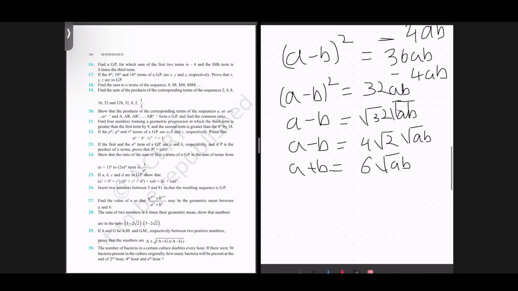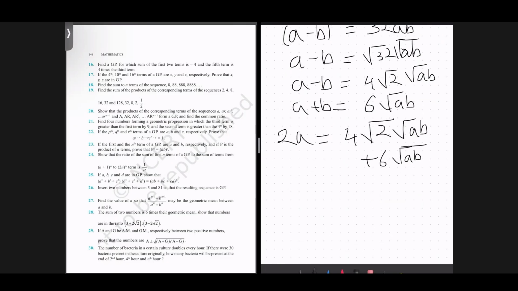So to find out the value of a, I'm now going to add these both equations up, right? So doing that, I now have 2a equals 4 root 2 root ab plus 6 root ab. Dividing both sides by 2, you get a equals 3 plus 2 root 2 into root ab.